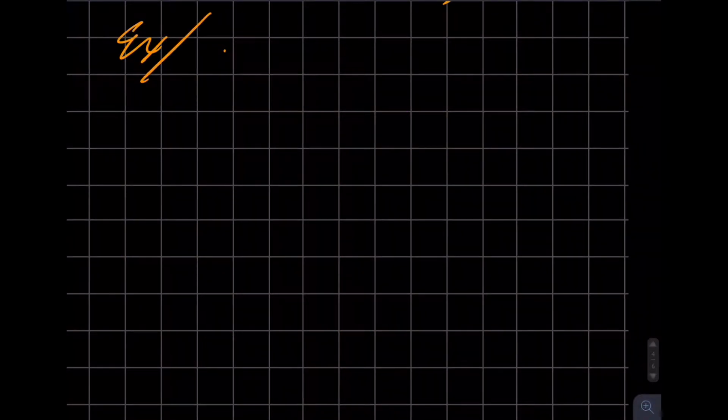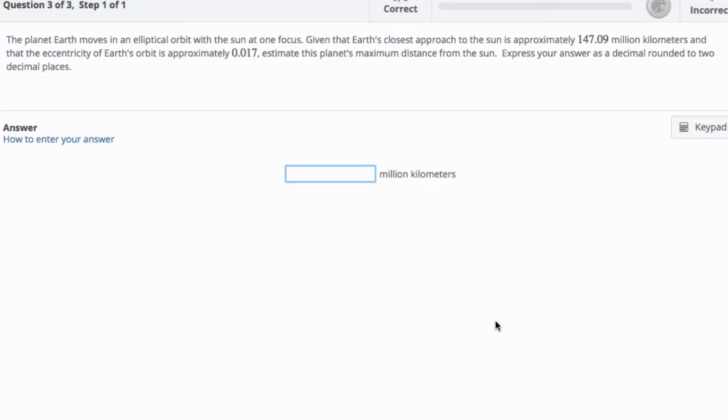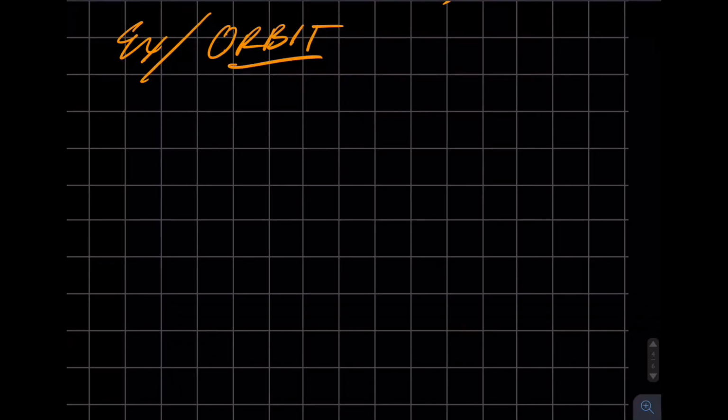So another example problem is an orbit problem. And here's the problem I'm trying to get to. I'm not sure if this is the most direct or simple or efficient way to do this problem, but this is how I see it.